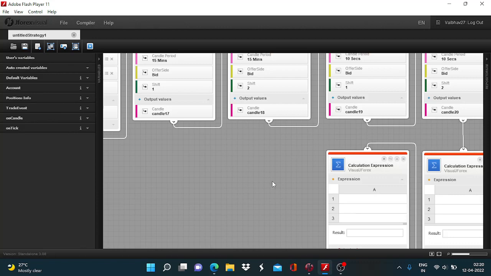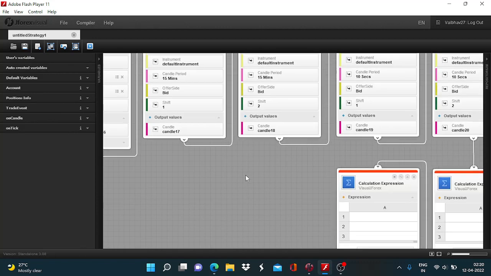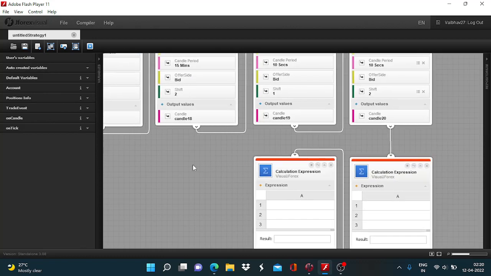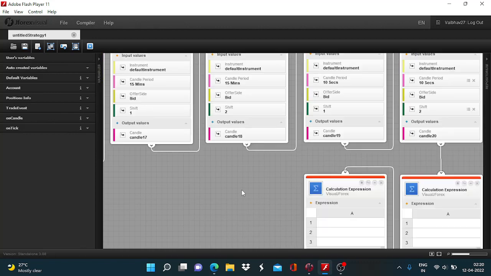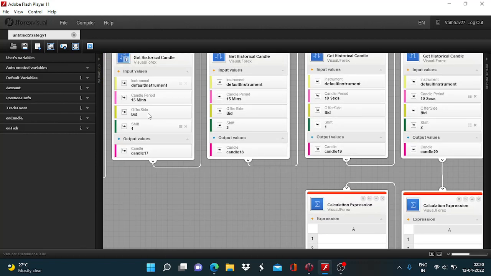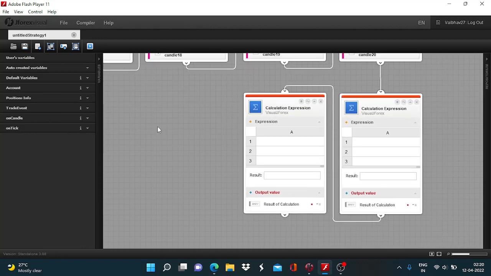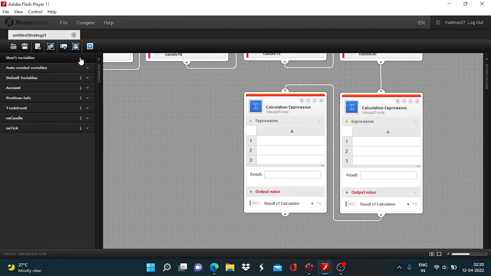for the buy side requirement, and we will have to consider the difference between the candle high and the closing value for the sell side requirement. So I'm going to take the components of candle 17 in these two calculation expression blocks.